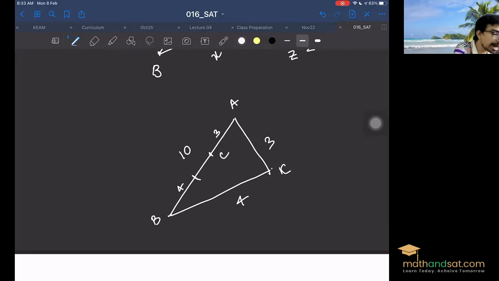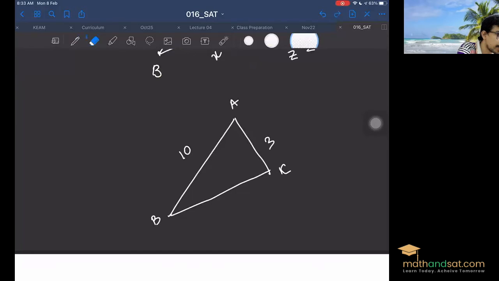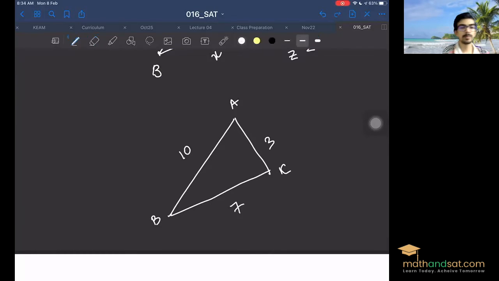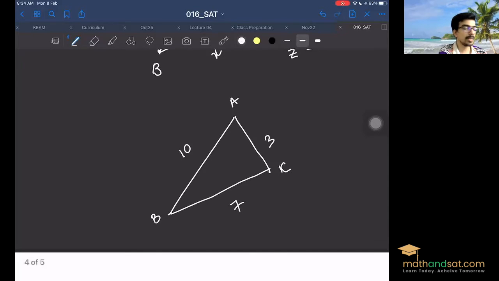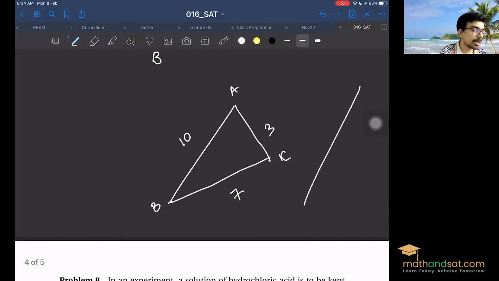In fact, if you have 7 units here and 3 units here, what happens? Your B, C, A will lie on the same straight line. See this? This will be the case.